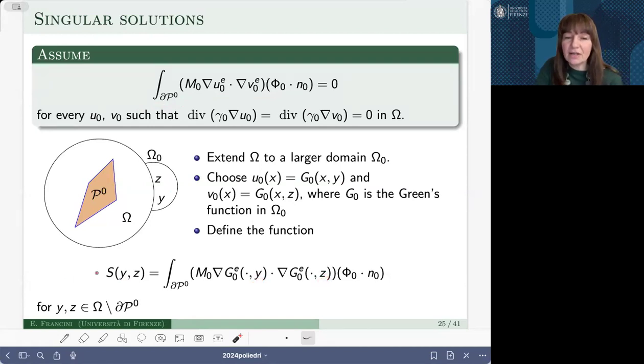So this function is actually defined for every y and z that belong to omega but are not on the boundary of P0. The fact that this integral is exactly on the boundary means that you can take y and z everywhere except on the boundary.